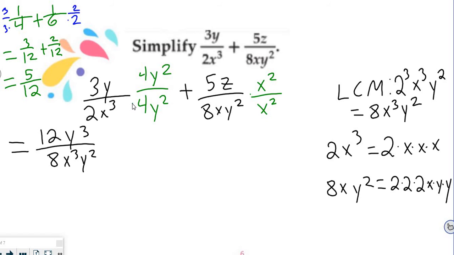If it's not, then either we picked our least common multiple incorrectly, or we picked what we needed to multiply incorrectly, or we multiplied wrong. So you would just need to check where you messed up if they didn't match. Ours do, so we're okay. Then on our second one, we're going to get 5x squared z, and then we have 8x cubed y squared. So are our denominators the same now? Yes. So can we add them now?